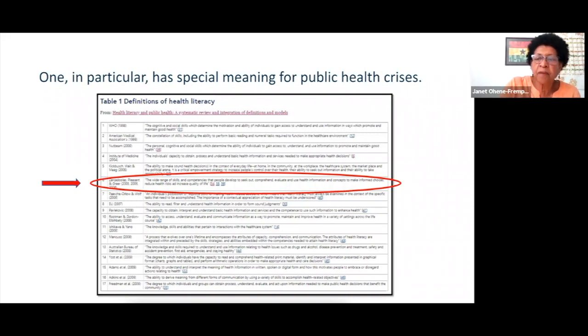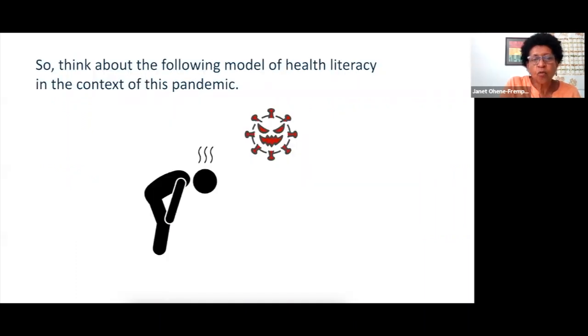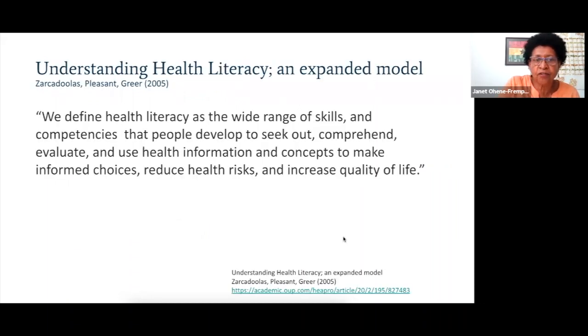I think it has special meaning for public health crises. As we explore it, think about it in the context of this current pandemic. And this is their model of health literacy.